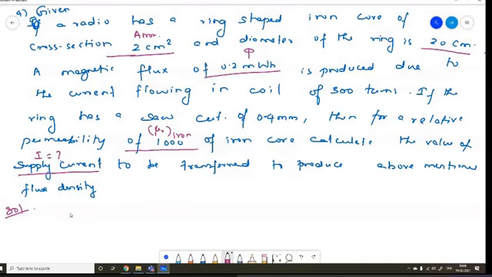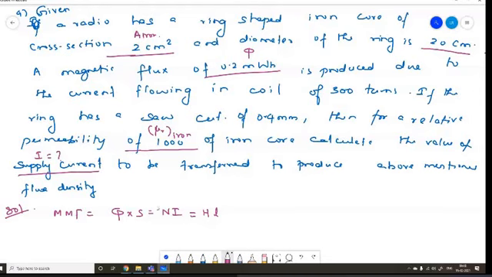So let us write down the known relations. We know that the magnetomotive force can be related to the flux as well as the reluctance as follows. MMF is equal to flux into S, and we can also write this as N into I, and the other relation that we know is H into L. So all these three relations we know.